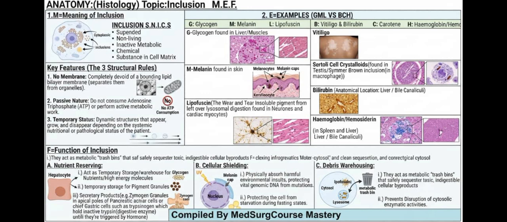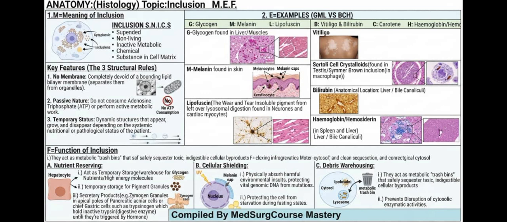Now, as you look at the meaning of inclusion, you can see there, inclusion sneaks. So it's not only human beings or animals that sneak, inclusion also sneaks. That's the way we want to look at the definition of inclusion. Inclusion is a suspended, non-living, inactive metabolic chemical substance in the cell matrix.